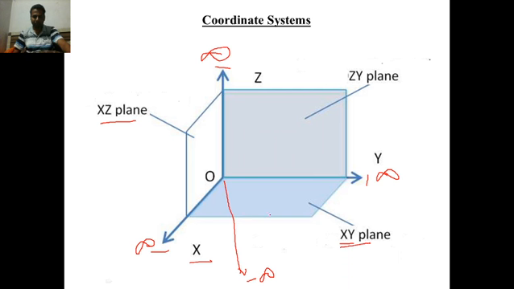So as the x-axis and y-axis are infinite in length, the xy plane is also infinite in this direction as well as in this direction. Here in this picture you find the xy plane to be very finite, but in reality the xy plane is infinite in this direction as well as in this direction.